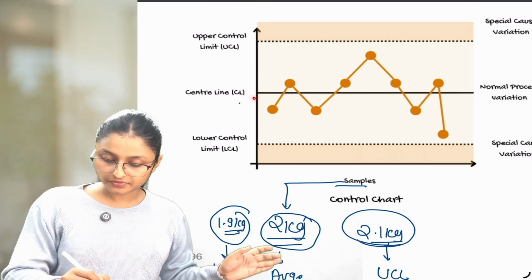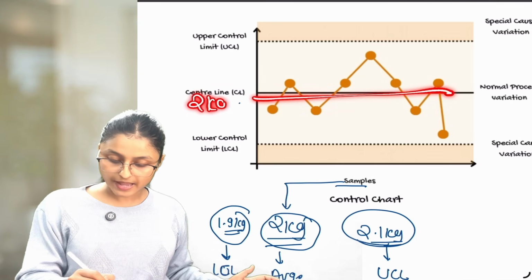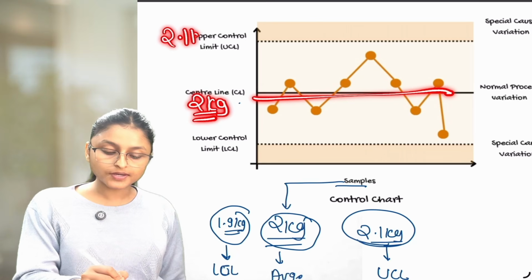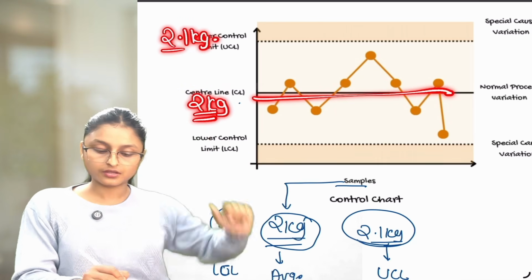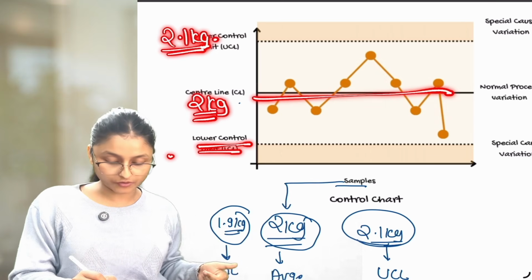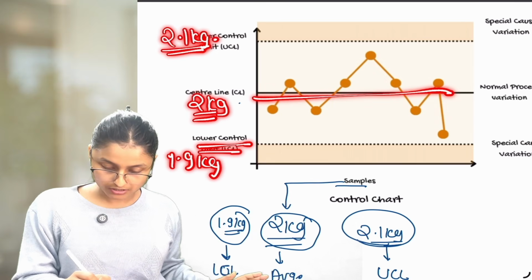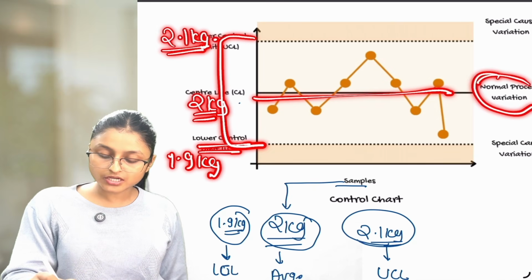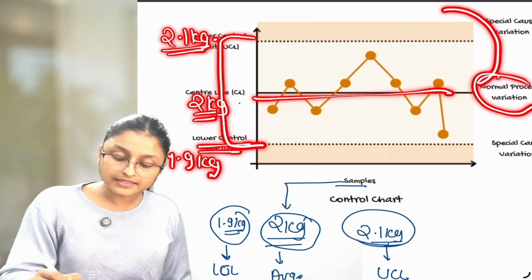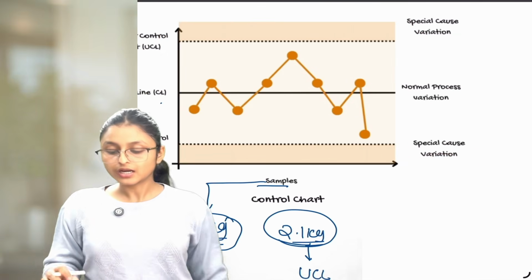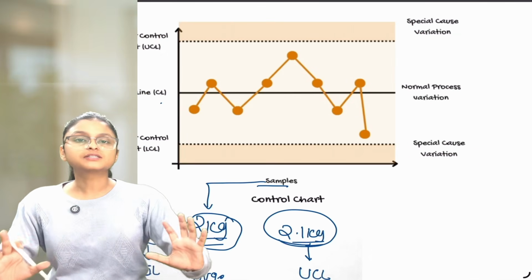Now how is it shown in control charts? In a control chart, we will have one center line, which is our average, 2 kg. The upper control limit is how much up is okay, that is 2.1 kg, and the lower control limit is how much lower is okay for us, that is 1.9 kg. If the output is between these limits, it is treated as normal process variation, but if it goes outside these limits, it is treated as special cause variation, and that is how samples are checked.